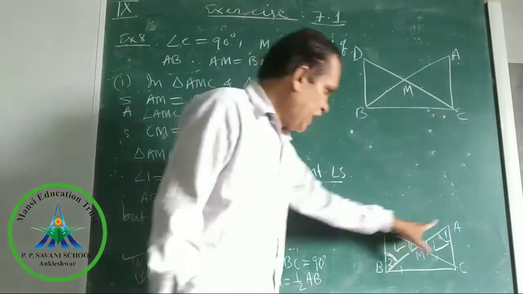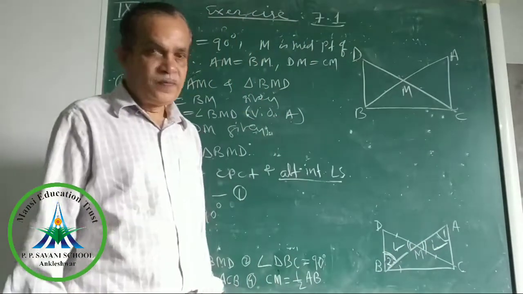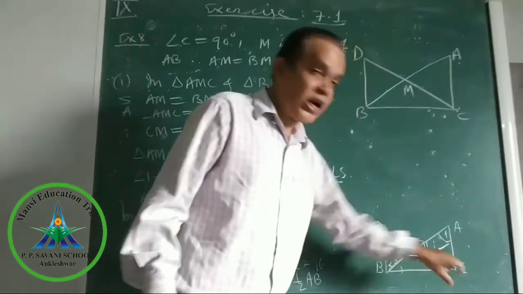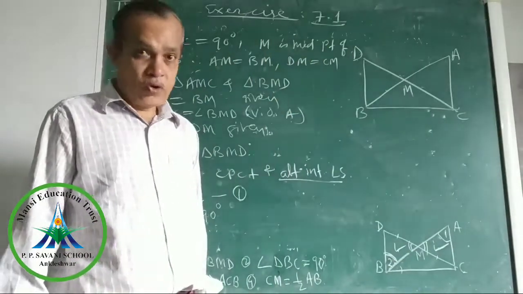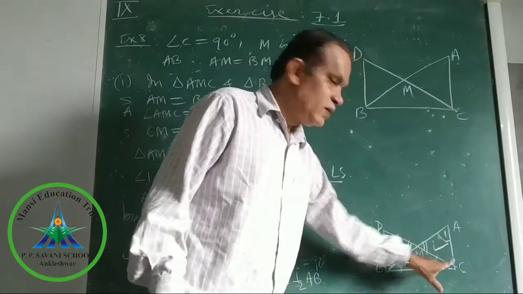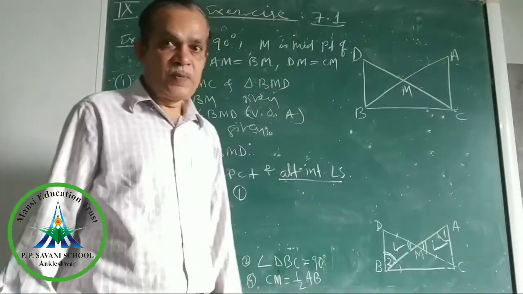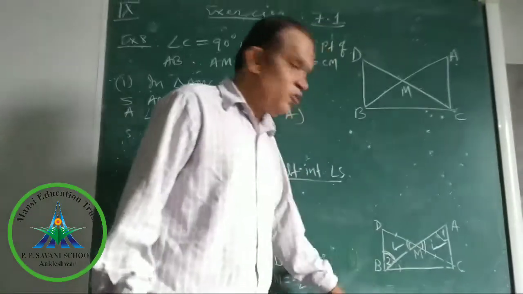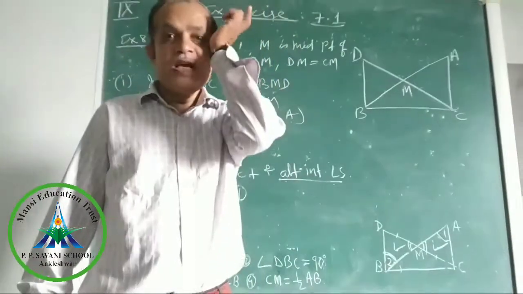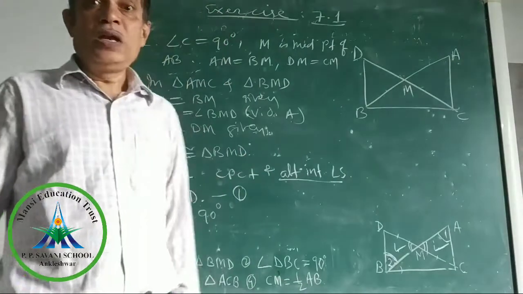Now AC parallel DB and BC is the transversal. Angle C equal to 90 degrees means BC perpendicular to AC, therefore BC is perpendicular to DB also. Rule of parallel lines and perpendicular transversal.